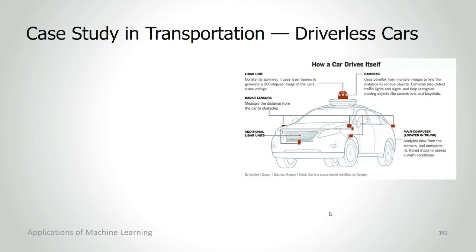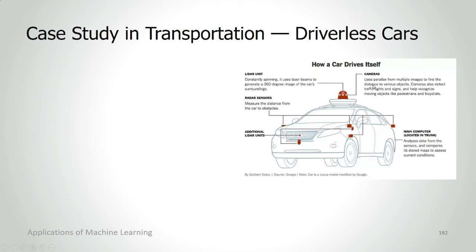So here we have a Lexus outfitted with a LiDAR unit, and it's got some cameras. It's constantly spinning, and it uses laser beams to generate a 360-degree image of the car's surroundings. The cameras use parallax from multiple images to find the distance to various objects.